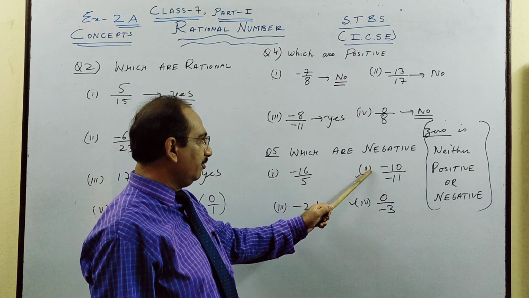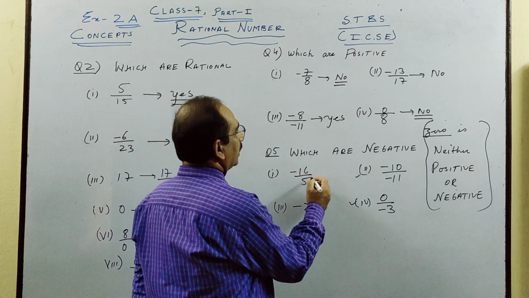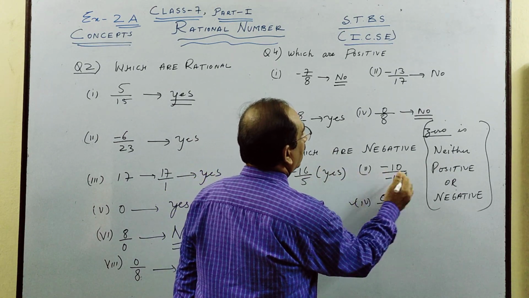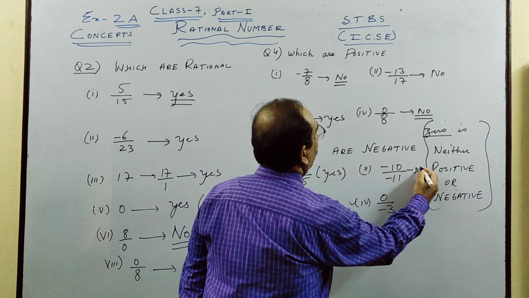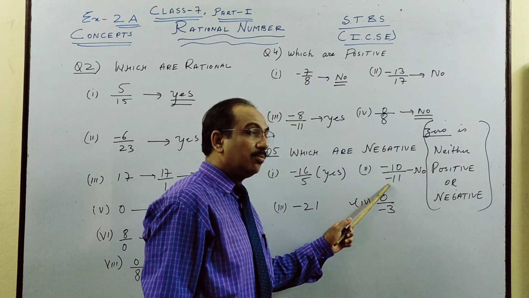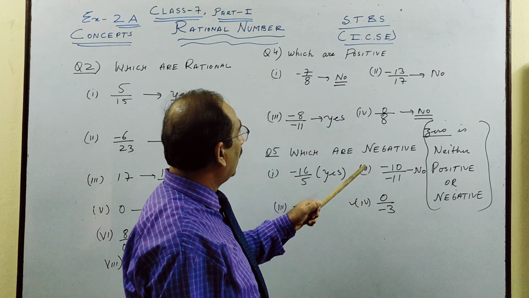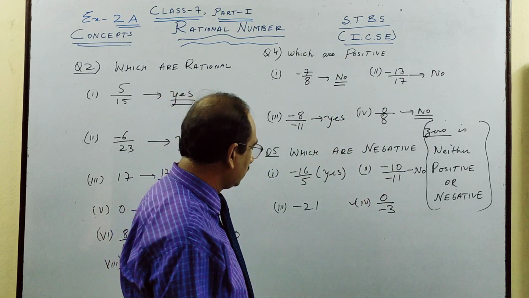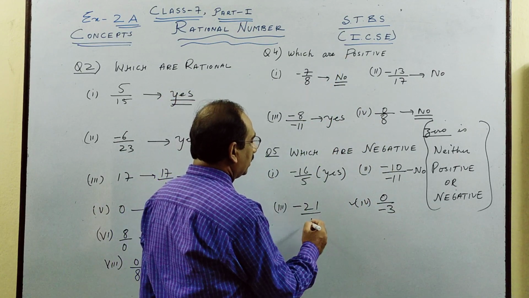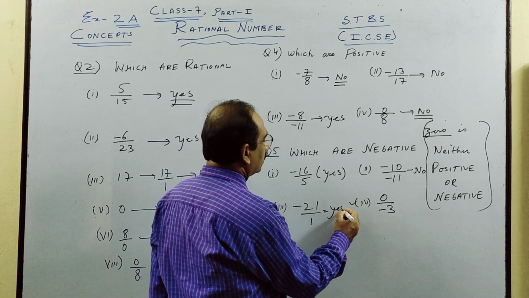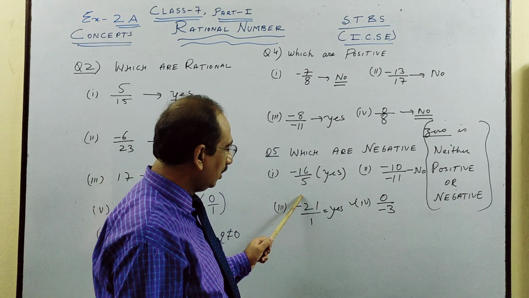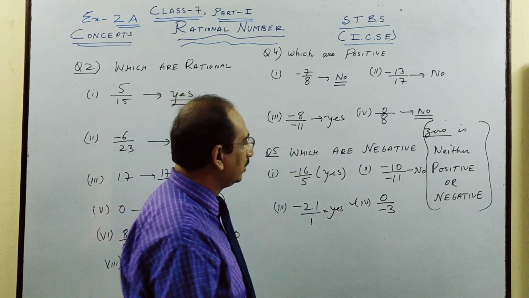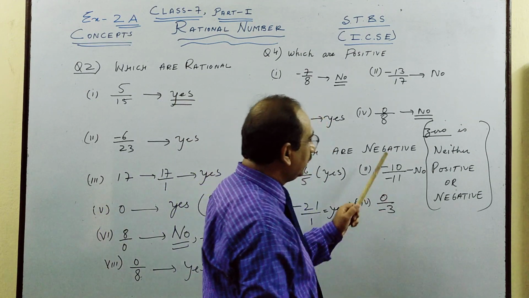Next, which are negative? Yes, this, any one of them negative is negative. This is negative. But this becomes no. Why? Because if both of them are negative, they cancel and they become positive. So this is positive. This one can be written as minus 20 by 1. This is also your negative rational number. Last one, 0 by anything. Is it negative?